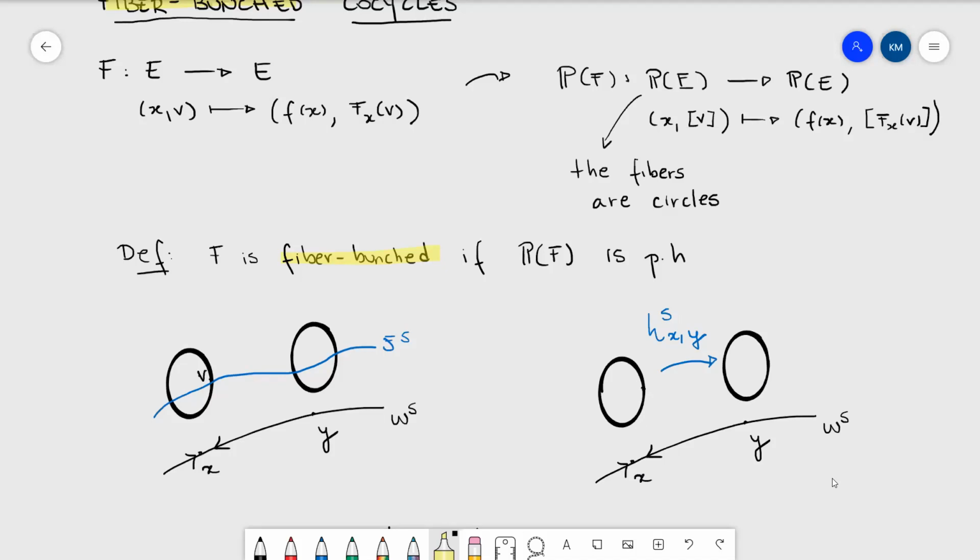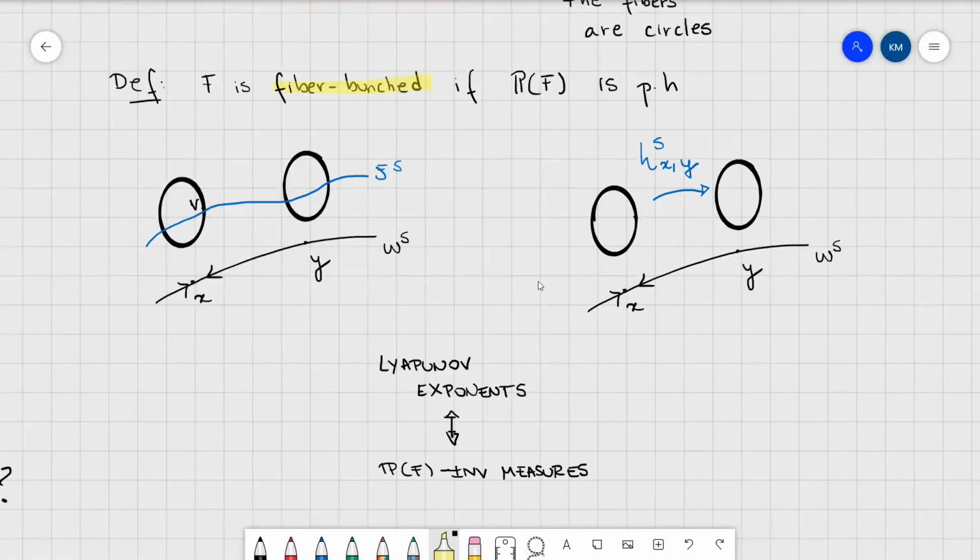So what is important when I'm saying that my cocycle is a fiber bunched cocycle is that I'm able to find holonomies between every two points in the same stable or unstable manifold. And this is important because I have a relation here.